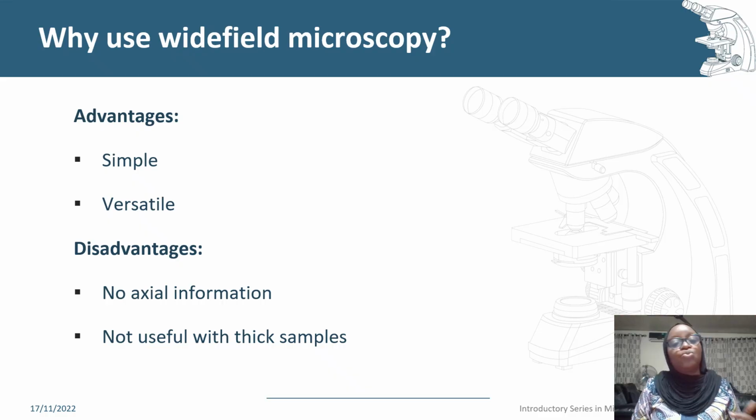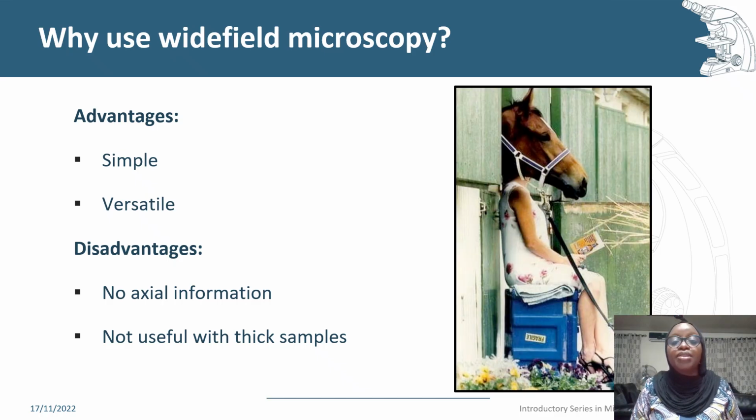Why use wide field microscopy? Advantages: it is simple and very versatile. The disadvantage is that it has no axial information and is not useful with thick samples. Take a look at this image.